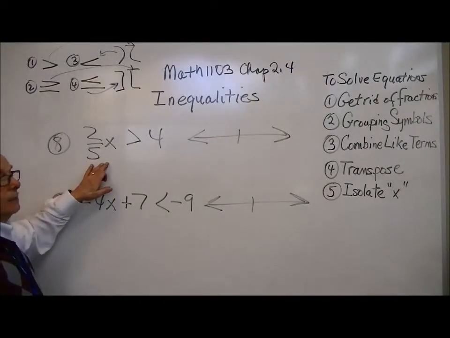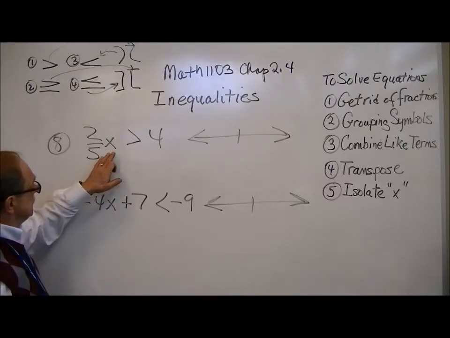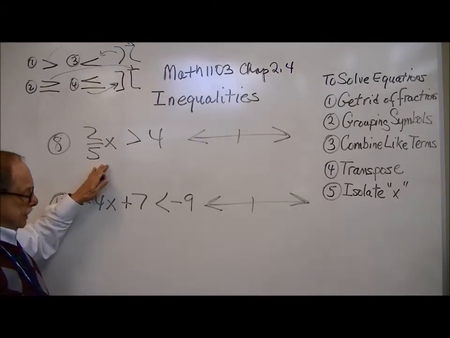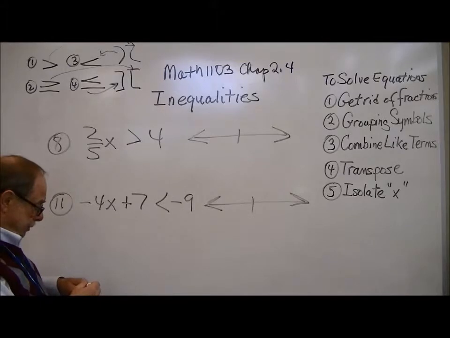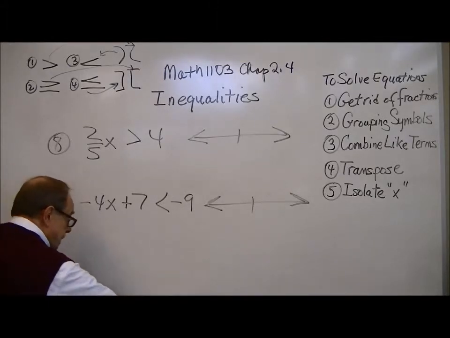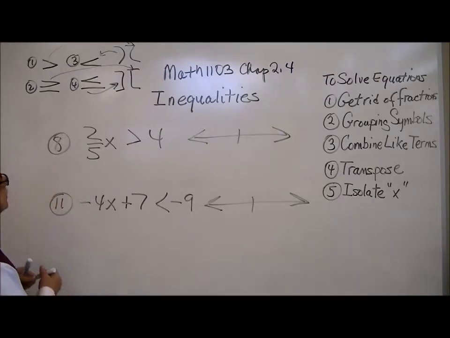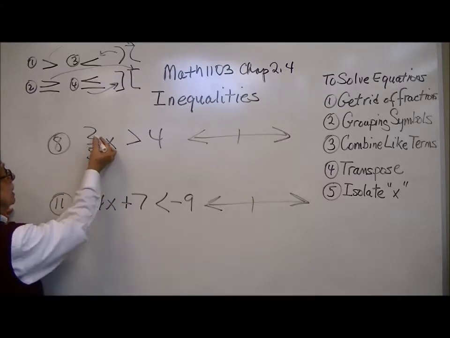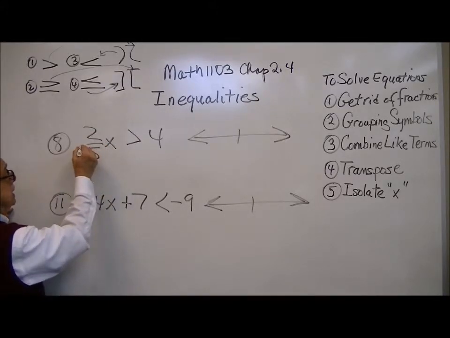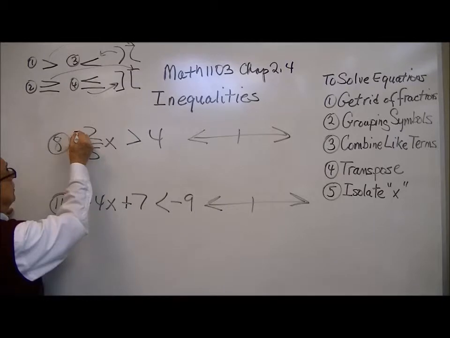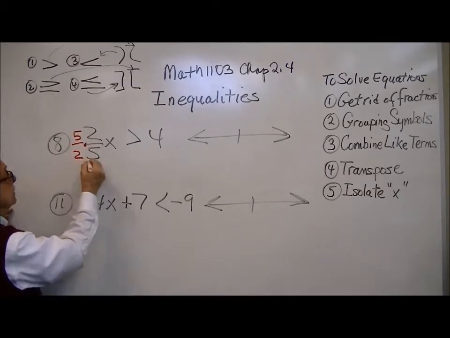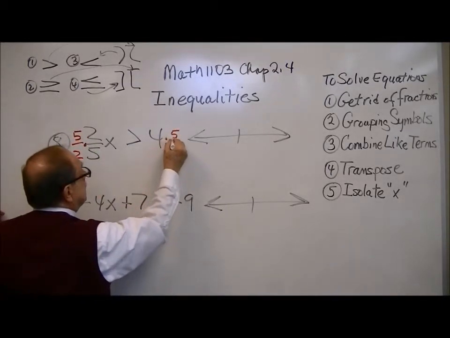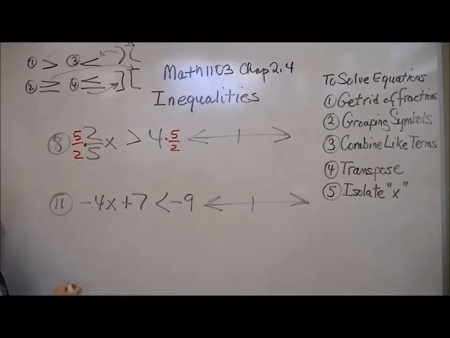And again, dealing with fractions, if there's only a single fraction like this, the technique we're going to use is to use the reciprocal of this number, so we get an x. So that will be 5 halves, 5 halves.